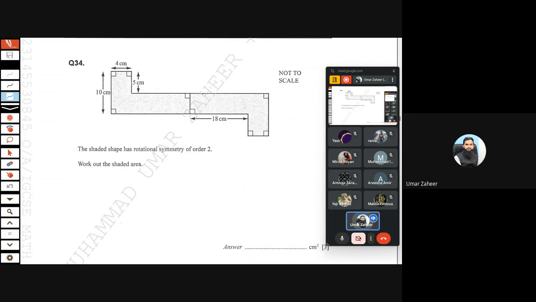All right. Now look here. We have a shaded shape that has rotational symmetry of order 2. We have not done symmetry yet, but I just told you, if you rotate it, it will be exactly here.